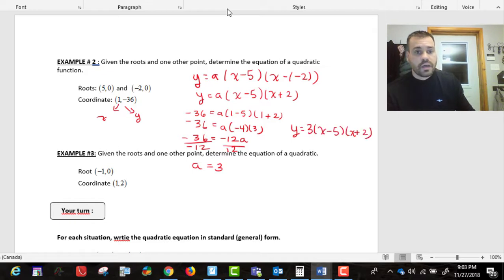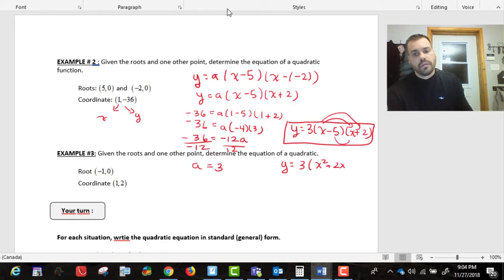And if I want to expand that to get the general form, then I can. But this is actually okay. That's the equation of a quadratic function, so you can leave it like that. If we expanded it, we'd get 3 times x times x, that's x squared. Then x times 2, that's 2x. And then minus 5 times x is minus 5x.